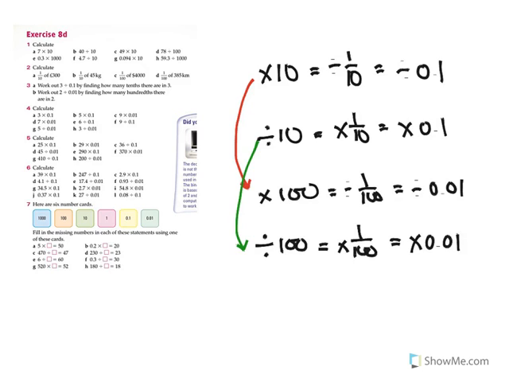So when we get an unusual number, just giving you a side comment, timesing by 2, that's the same thing as dividing by 1/2. Timesing by 3 is the same as dividing by 1/3. Or if you see timesing it by 1/2, it's the same thing as saying dividing it by 2.